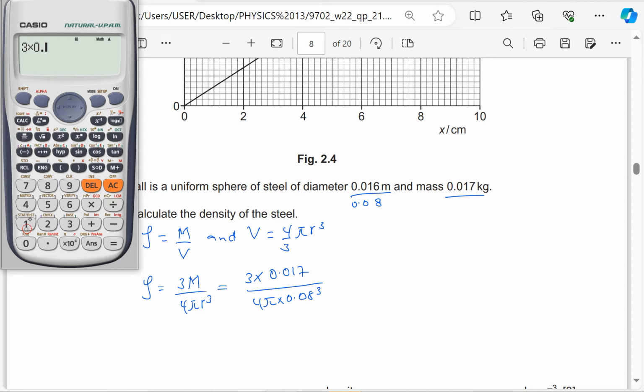So I'll check with my calculator. 3 times 0.017 divided by 4 pi times 0.08 cubed. This is giving me a 7.